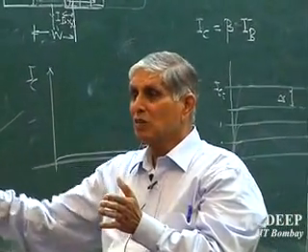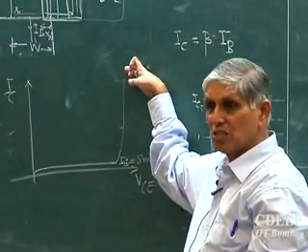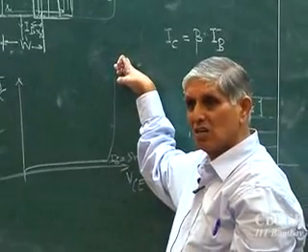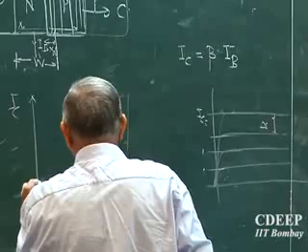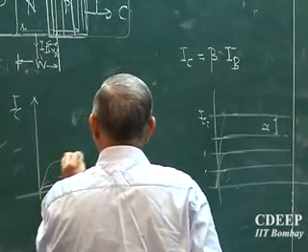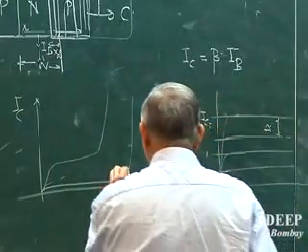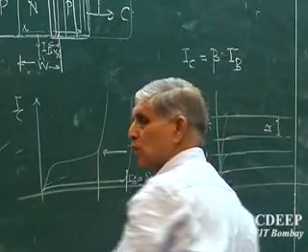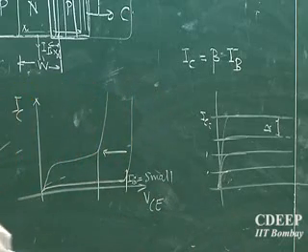But even then, this kind of characteristic will be seen either by avalanche or by punch-through. However, if I increase the base current slightly higher, I find the breakdown value which was here is shifting to the left. That means the breakdown becomes smaller. Why? Can anyone think?